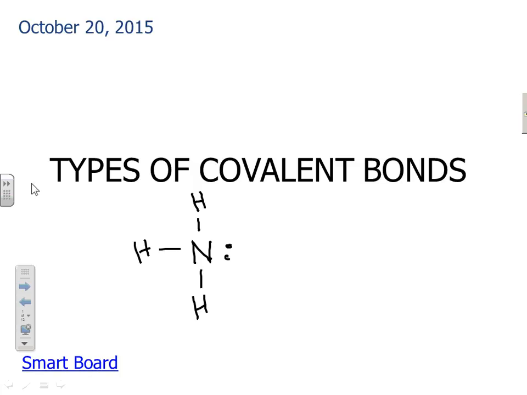I don't think that's too outrageous. We know that nitrogen is in group 5. It needs 3 more electrons so it can form 3 bonds. It has a lone pair. It's happy, and the hydrogens are happy with 2. And that's a good molecule. There's nothing wrong with it. And we know what all these symbols represent: 2 electrons, 2 electrons, 2 electrons, and 2 electrons.